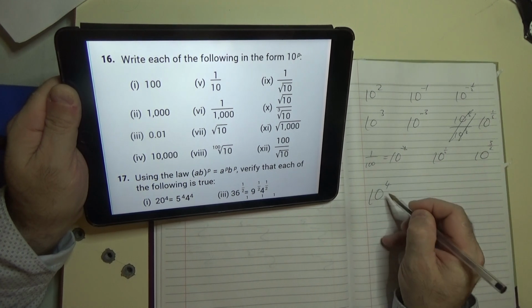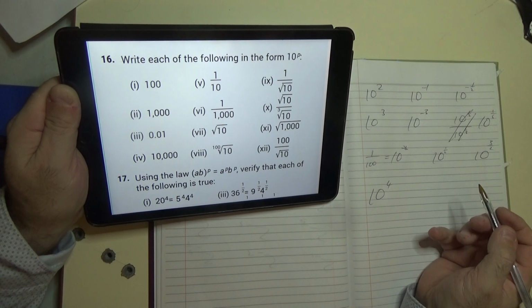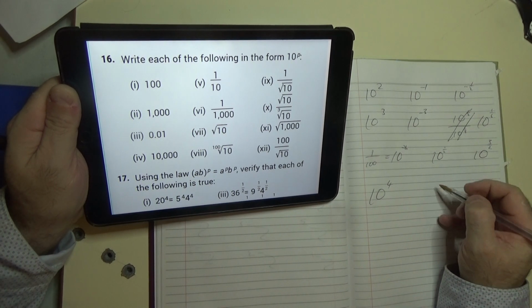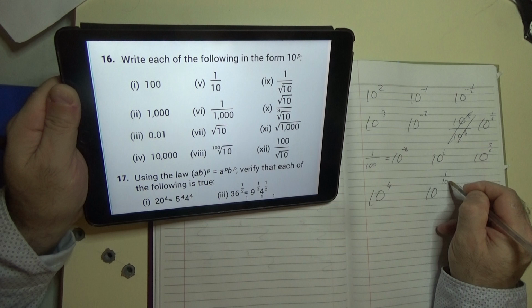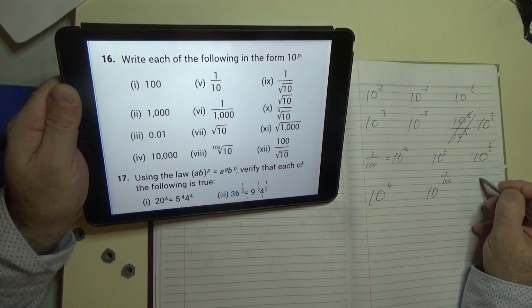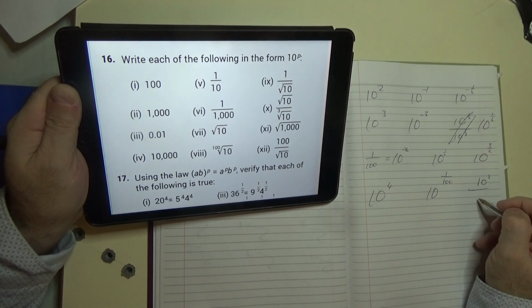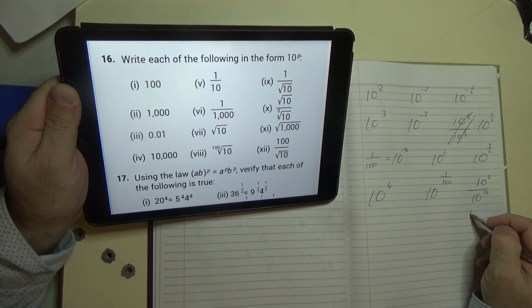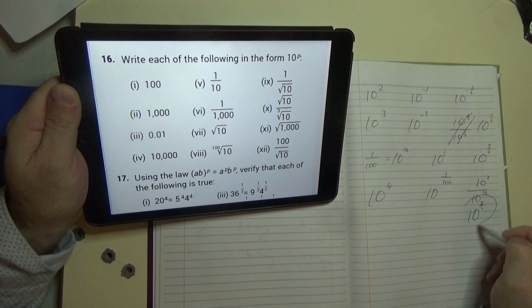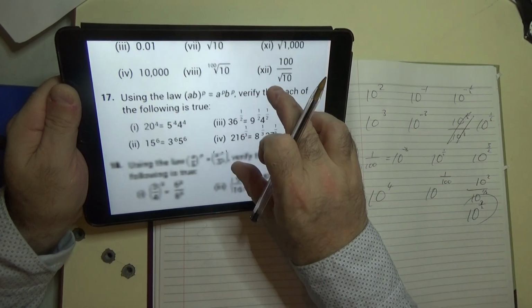Even when you're able to do them, that's when it even gets worse. Okay, 10 to the 100th. 10 squared over 10 to the half equals 10 to the 1 1/2 equals 10 to the 3 over 2. Oh, yuck. And that's that done.